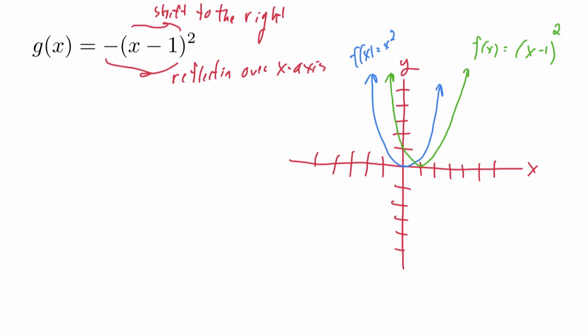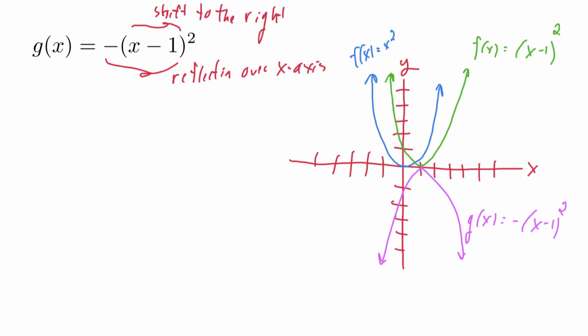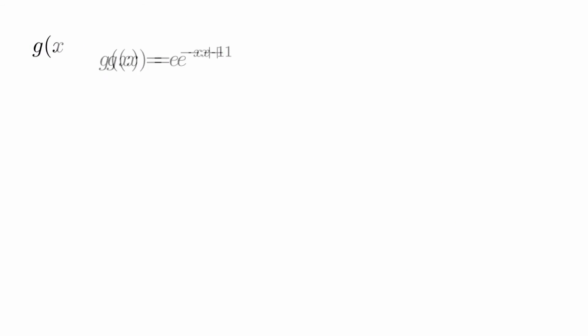And then to get the function I'm ultimately interested in, I will then reflect over the x-axis. So this is g of x equals negative x minus 1 squared. Okay. So here I had to do my transformation rules 2 times. First, I shifted to the right, and then I reflected. We could have reflected and then translated. It would not have been a problem.